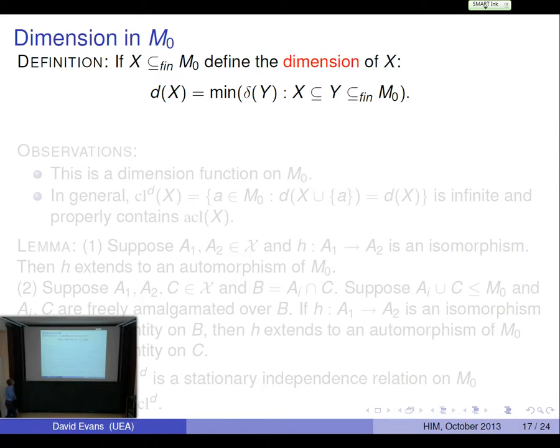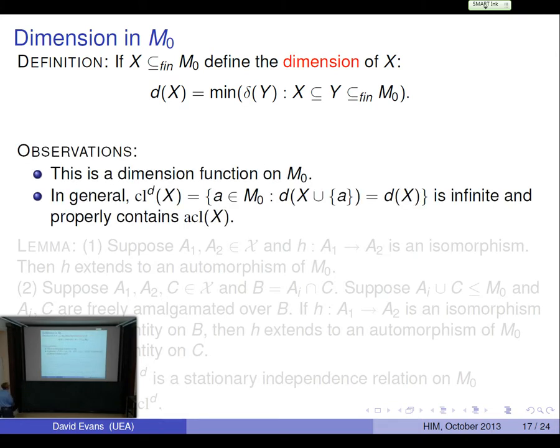Well, if X is a finite subset of M0, you can just let the dimension of X be the minimum of the pre-dimensions, this delta of Y for Y containing X. Yeah? So we just looked at that sort of thing a few minutes ago. Okay, so this really is a dimension function.